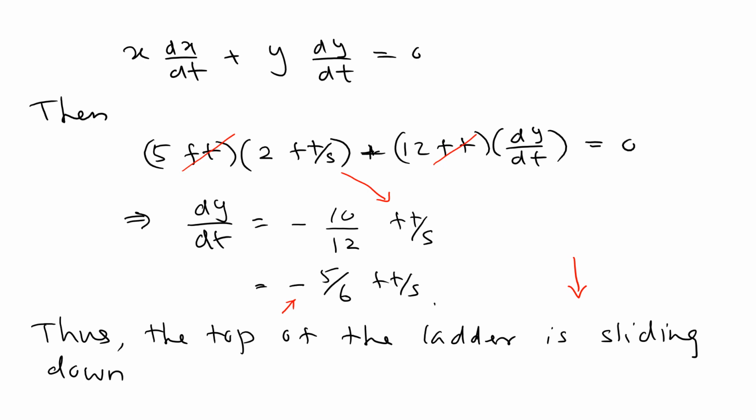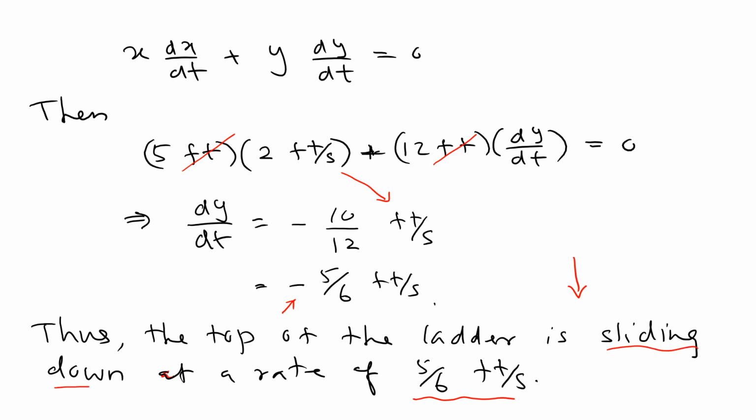So it is sliding down at a rate of 5 over 6 feet per second. When you say sliding down, you don't have to say negative because it says sliding down, so it's very clear.